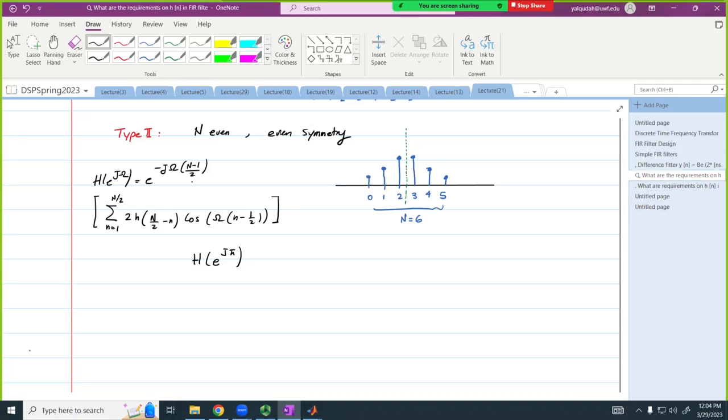How about at 0? Because we're multiplying by n minus half, whatever is multiplied by half is going to be the cosine of pi over 2. So for n equal 0, this is going to be cosine of pi multiplied by 1/2. When n is 1, pi multiplied by 1/2, and so on. So therefore, H of e to the j omega is equal to 0.